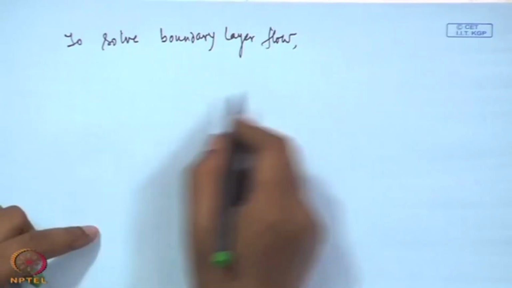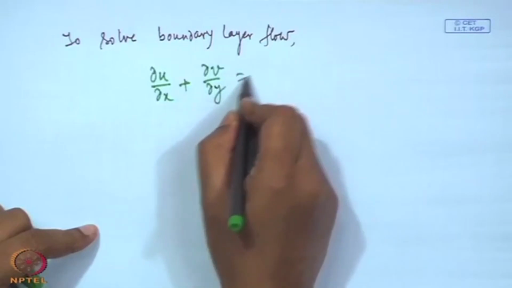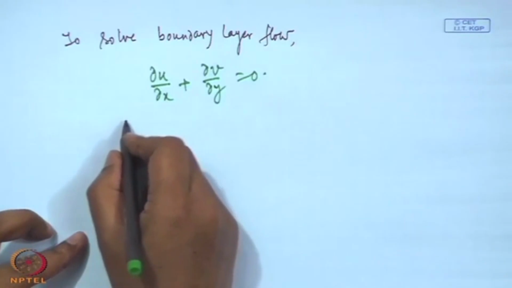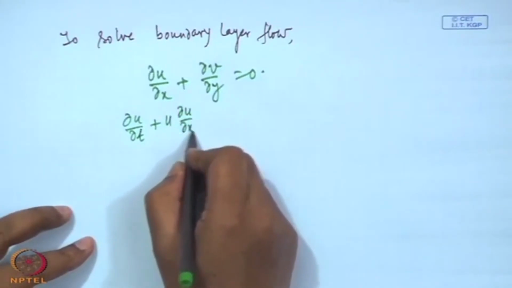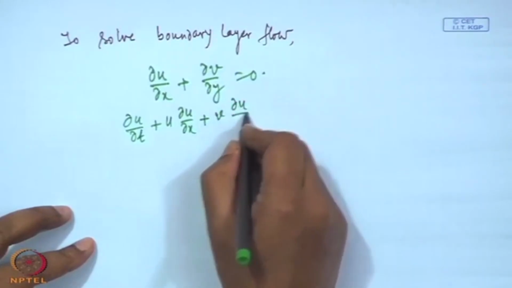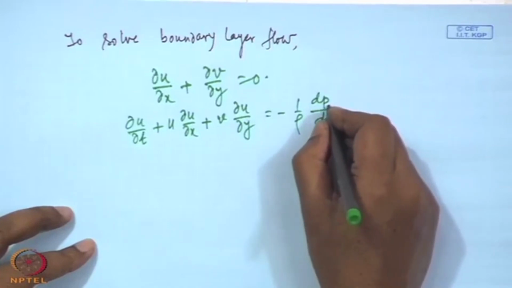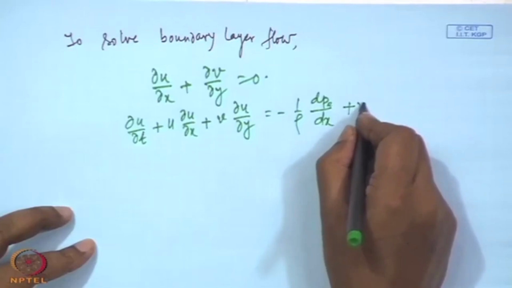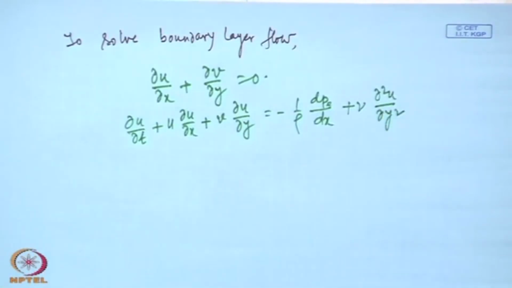The equations are the continuity equation and the momentum equation. These are the two equations that you have to solve subject to the boundary conditions.